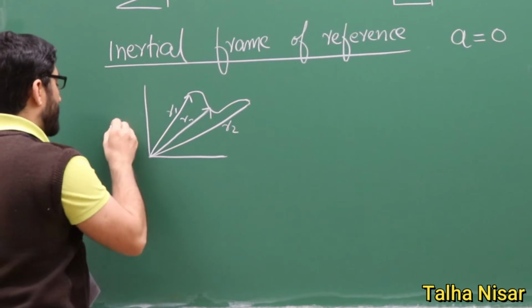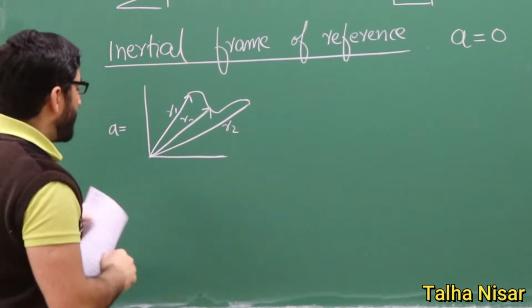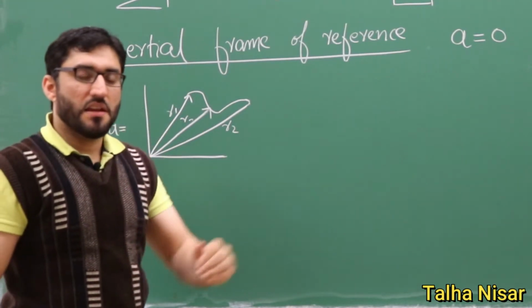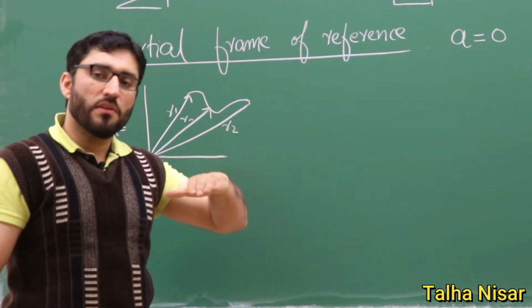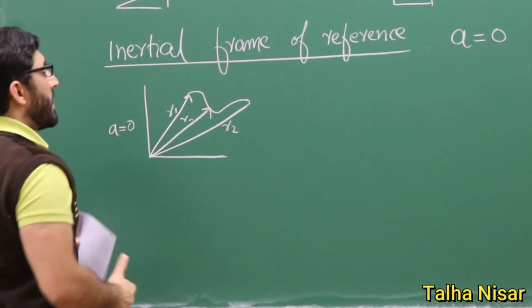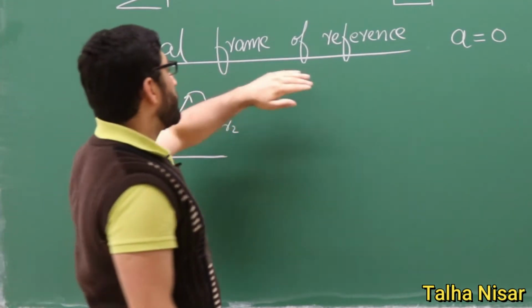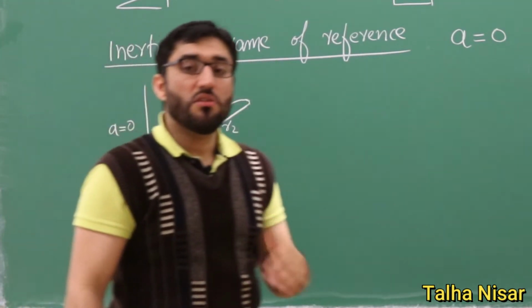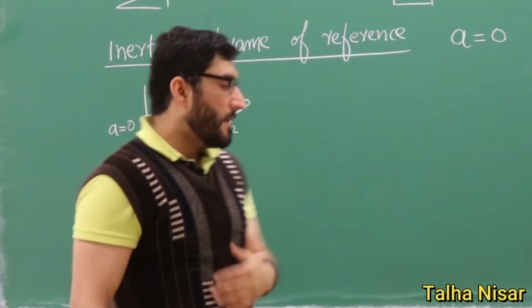If the acceleration is 0, it means the frame of reference itself is at rest, or it's moving with uniform velocity. This type of frame of reference is called the inertial frame of reference.